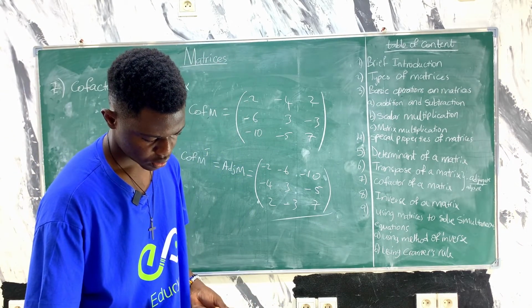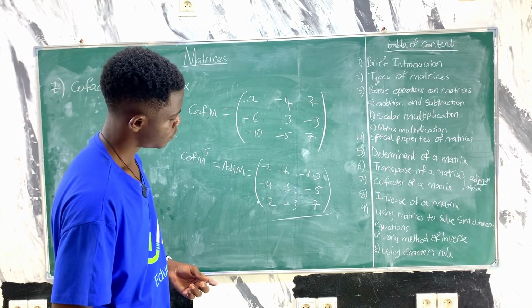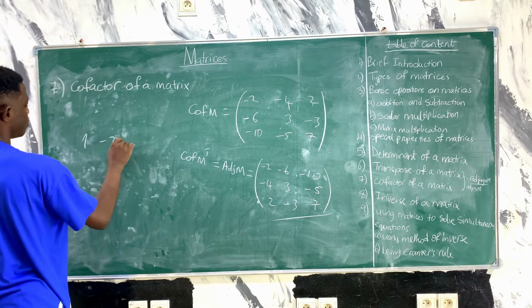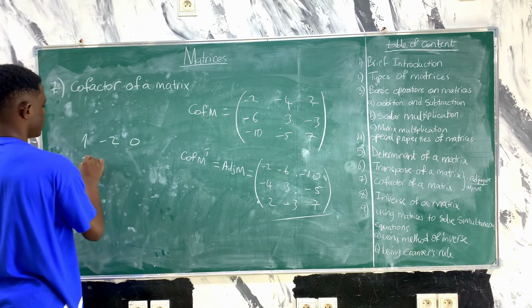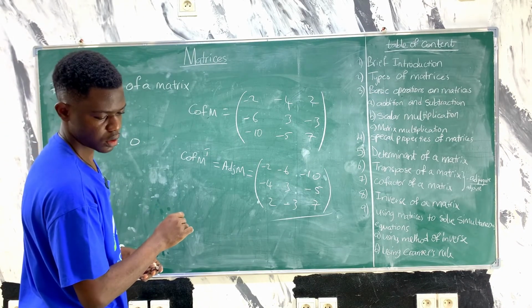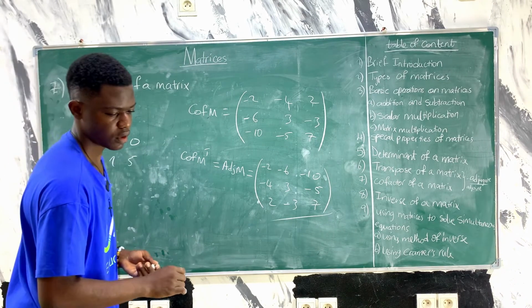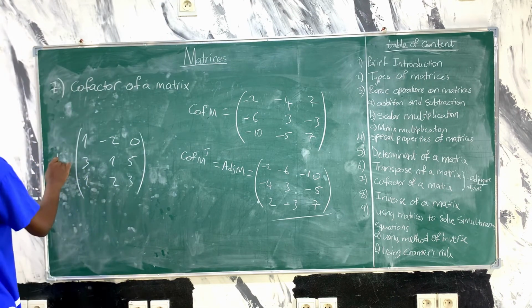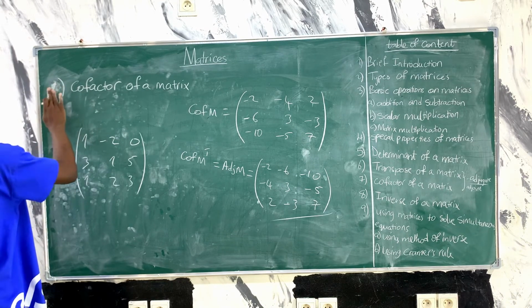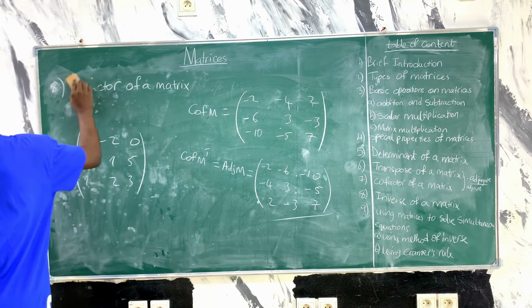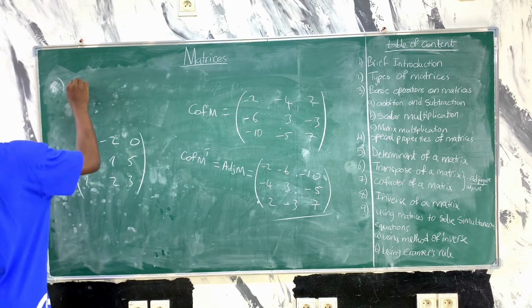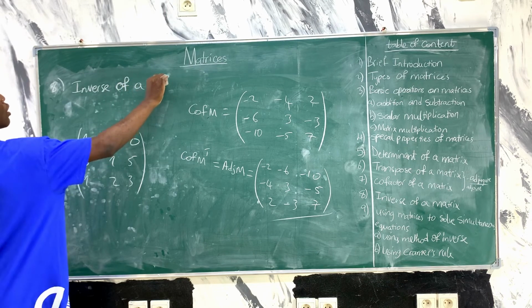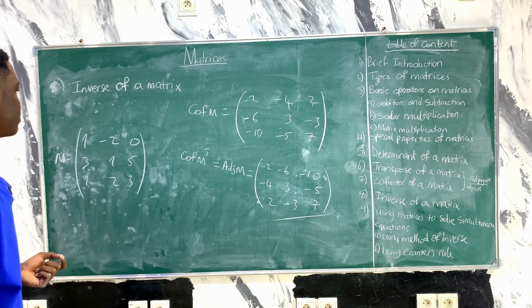What was that matrix again? 1, minus 2, 0, 3, 1, 5, 1, 2, 3. If this is my matrix M, they ask me to find the inverse of the matrix M.